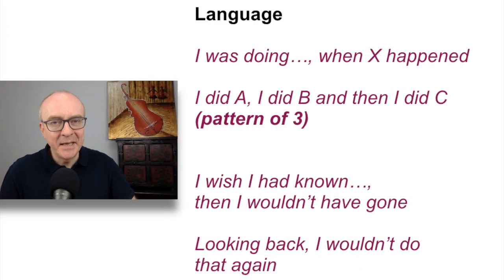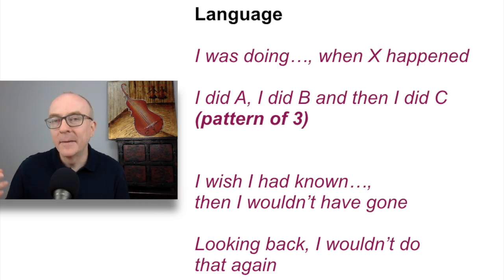So what happened? Well, I'm going to look here particularly at language and grammar again. Okay, so the typical and rather clever grammar you may want to use. So very often when something happens, an event, you say what you were doing when something happened.